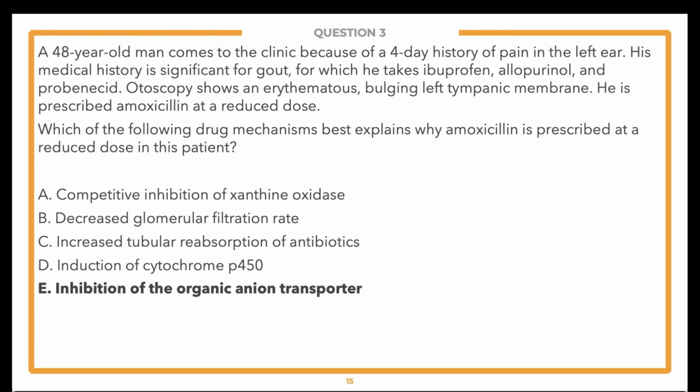Okay, so let's talk about this again. We use probenecid for gout because it will inhibit that reabsorption of uric acid in the PCT, or the proximal convoluted tubule. And by doing that, it'll reduce serum uric acid levels.